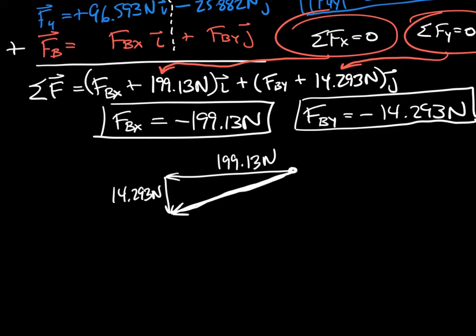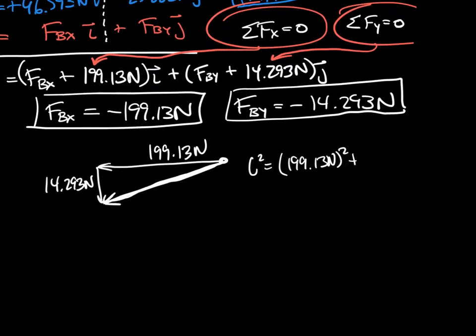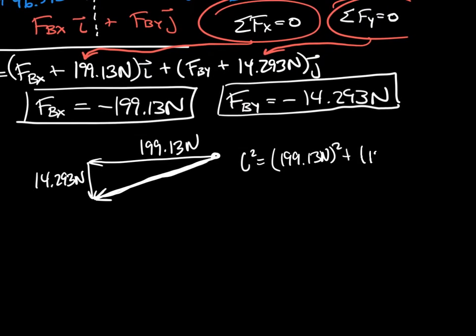On a right triangle, the easiest way to get that is c squared equals a squared, 199.13 newtons squared, plus b squared, 14.293 newtons squared.